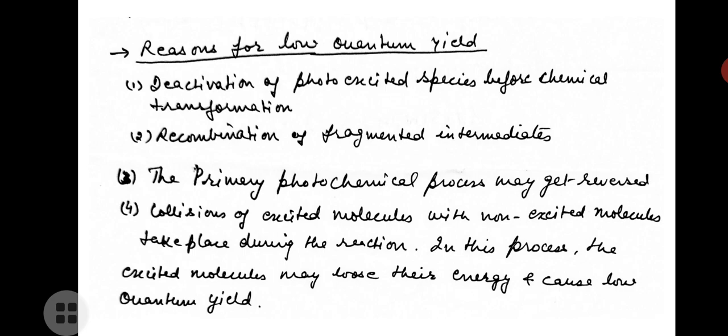The dissociated fragments of the reacting molecule may recombine to form the original molecule. Third one is the primary photochemical process may get reversed. And the fourth one is collisions of excited molecules with non-excited molecules take place during the reaction. In this process, the excited molecules may lose their energy and cause low quantum yield.